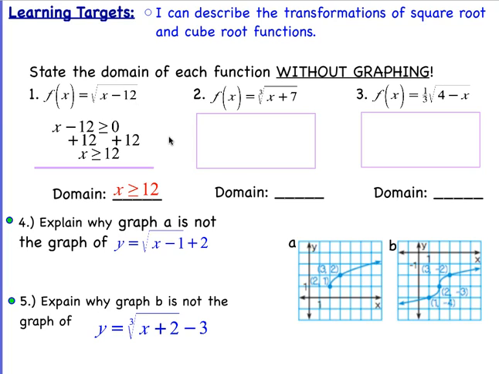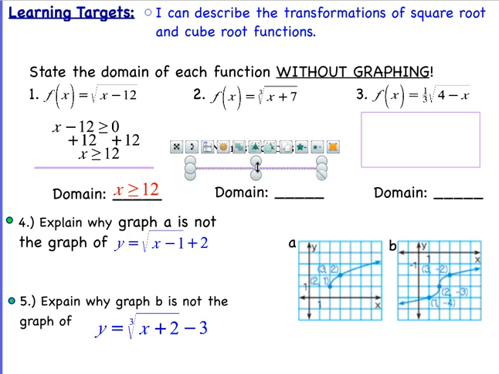Okay, now let's move on to the cube root function. f of x is equal to the cube root of x plus 7. Are there any numbers that I cannot have inside of a cube root? There are no restrictions for cube root because I can take the cube root of a negative number.